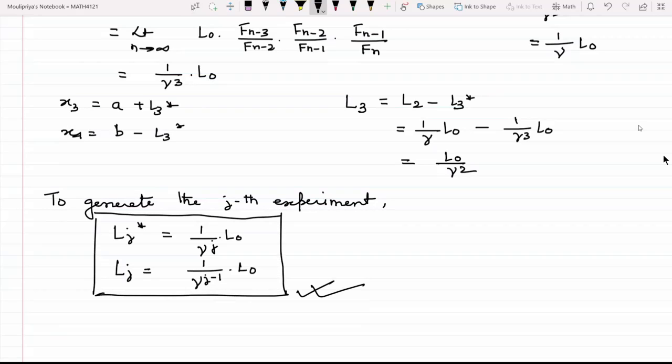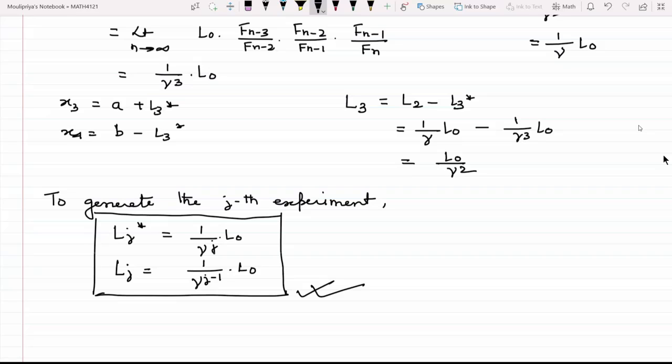I hope everybody is okay with this, these two values, Lj star and Lj.